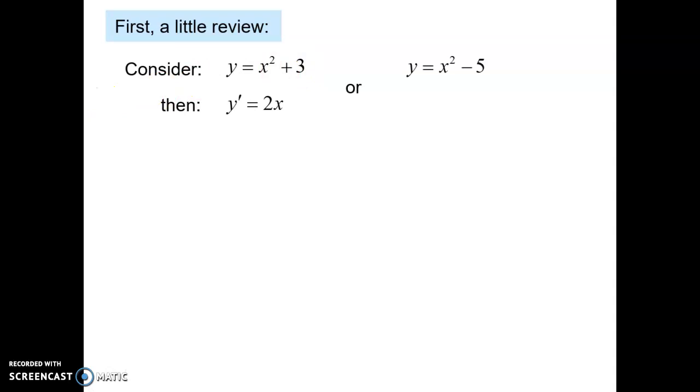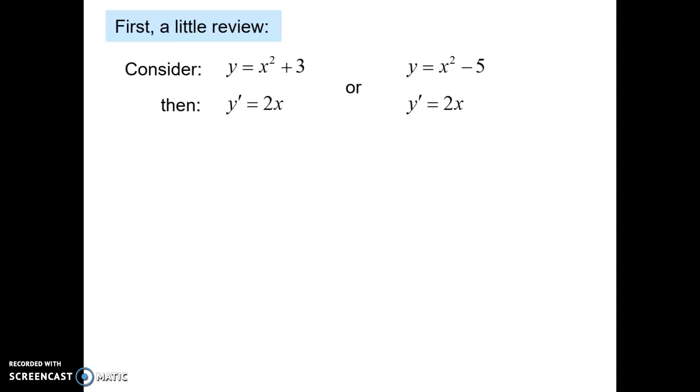However, there's a little bit of a dilemma, because if I gave you the function y equals x squared minus 5, its derivative would also be 2x. So you can see we have a little bit of a dilemma, but not that much of a dilemma.